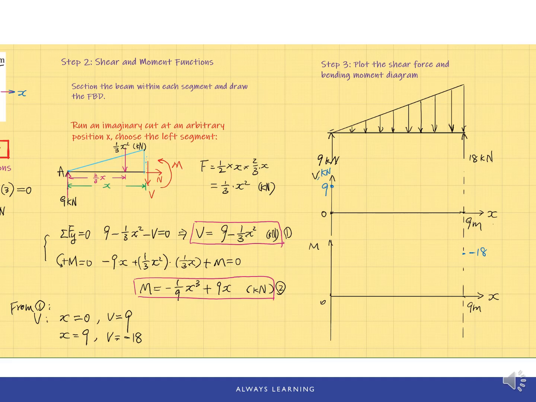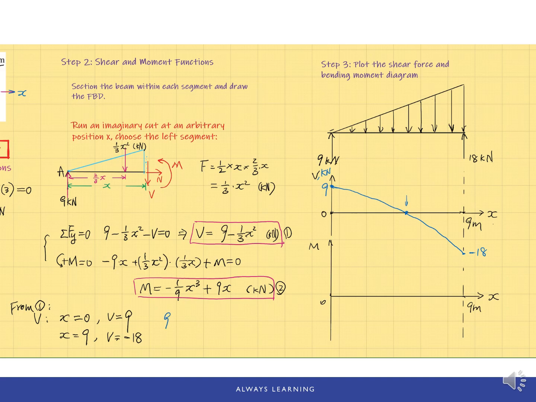So for the quadratic function, the shape is parabolic, something like that, right? It's not linear, it's not a straight line, but it's a parabola. So we need to figure out where the zero shear happens over the beam, which means when V equals 0, what is the x value? Which is simple, right?